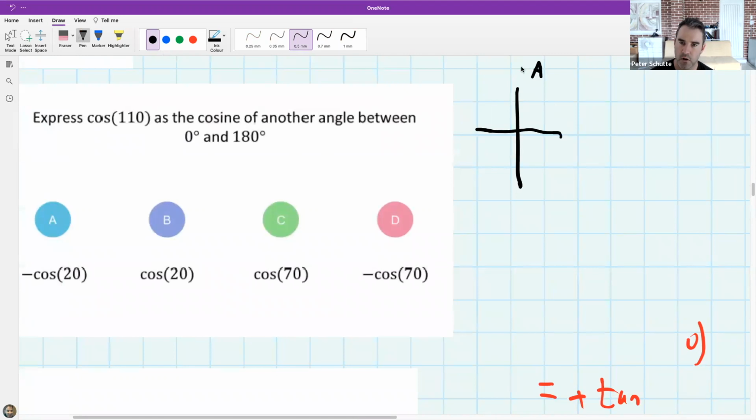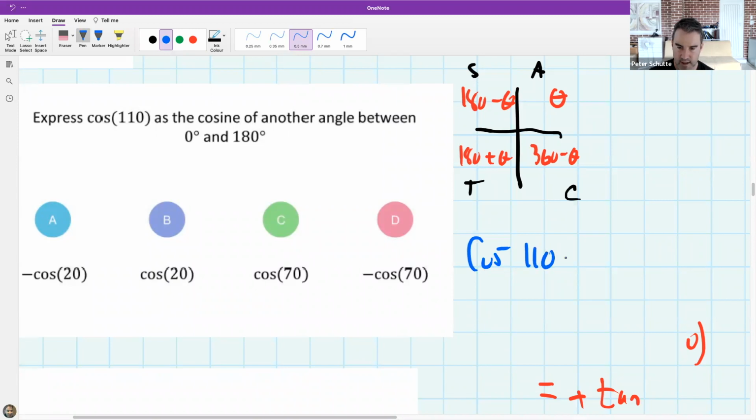So I know I have that guideline. I also know I have this. So it's in quadrant 2. So I'm going to take cos of 110 and I'm going to rewrite it as the cos of 180 minus 70.